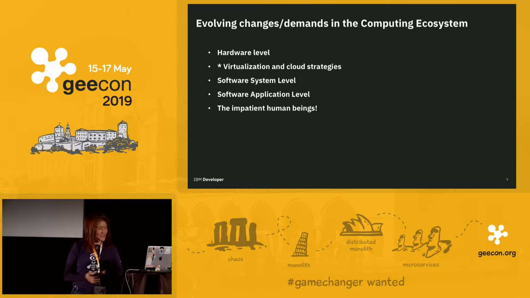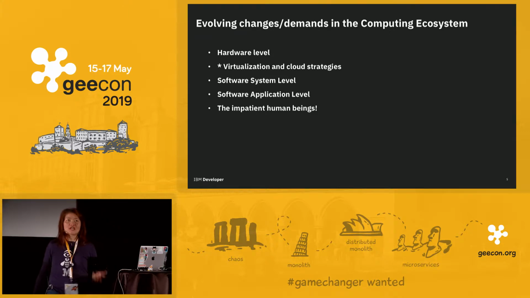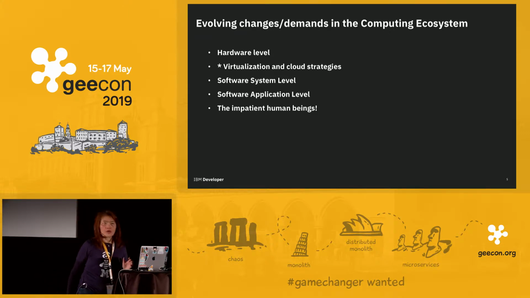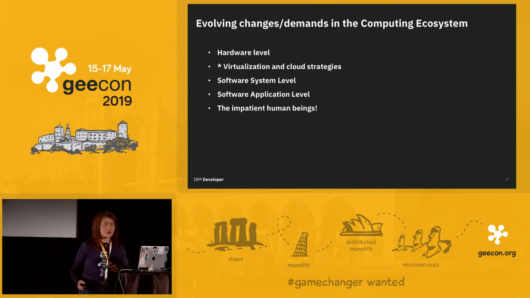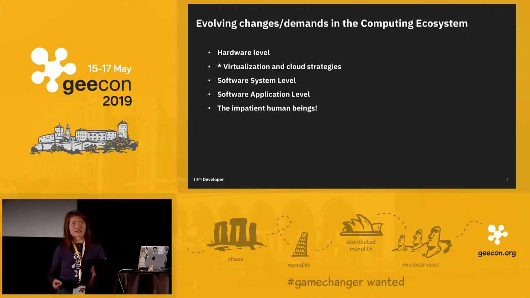Okay. So there have been evolving changes in the marketplace. Hardware has greatly improved, right? Now we have better CPUs, multi-core CPUs, hyper-threading, virtualized computing infrastructures, cloud, and multi-cloud too, not just a single private cloud, hybrid cloud, everything.